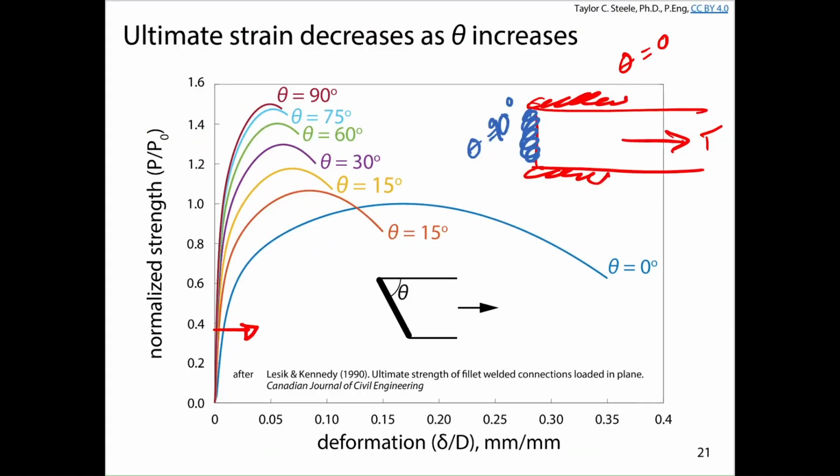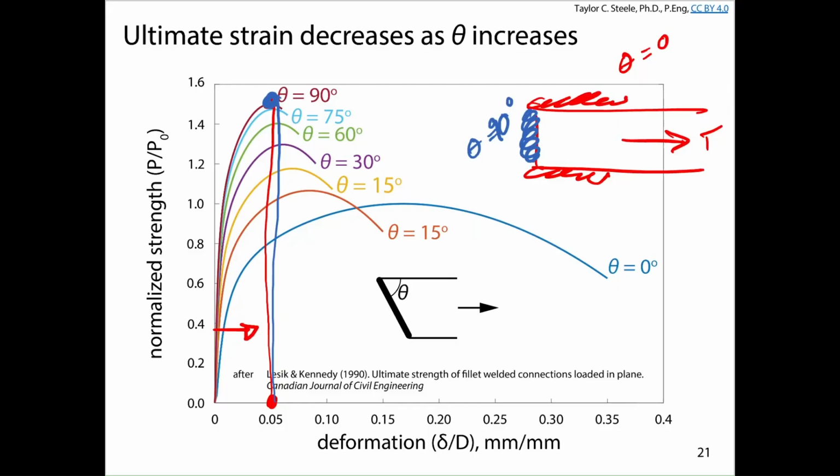And so by the time we get to a strain over here, let's just say the deformation in millimeters per millimeter, at that point, we've reached the strength of the blue weld, right? The blue weld is loaded in direct tension. Up here, we've reached the ultimate tensile strength of the blue weld, so that weld is not going to carry any more load anymore, and in fact, the load's just going to start to drop.